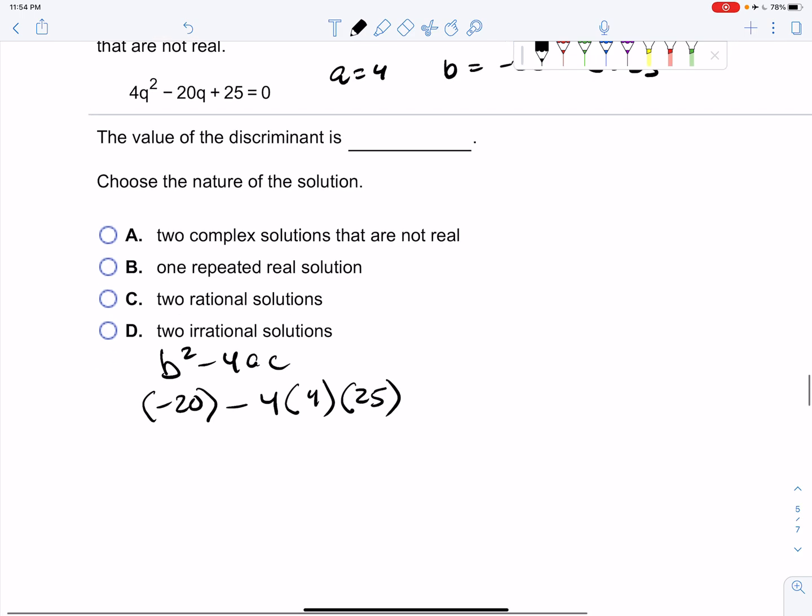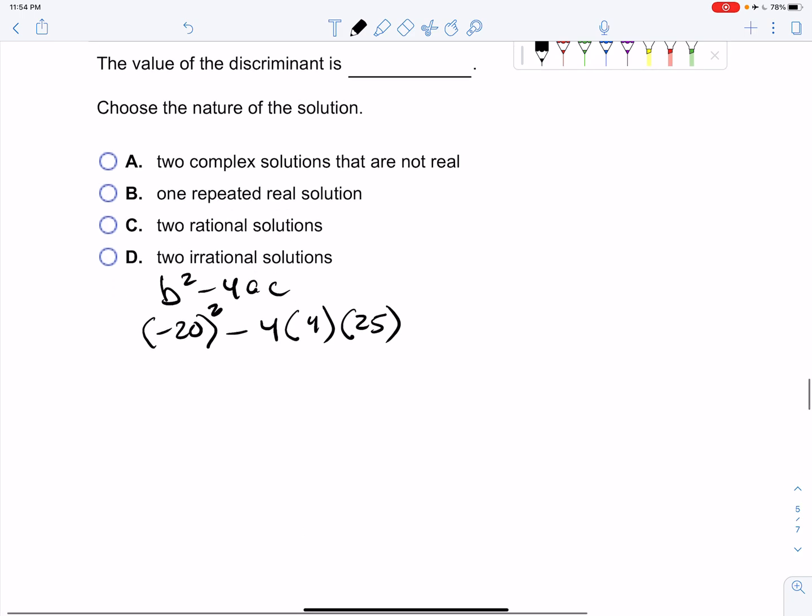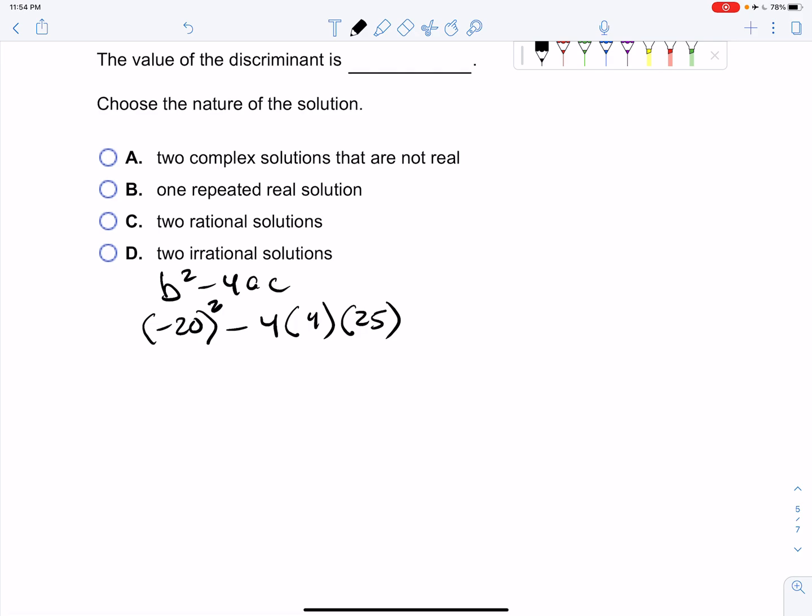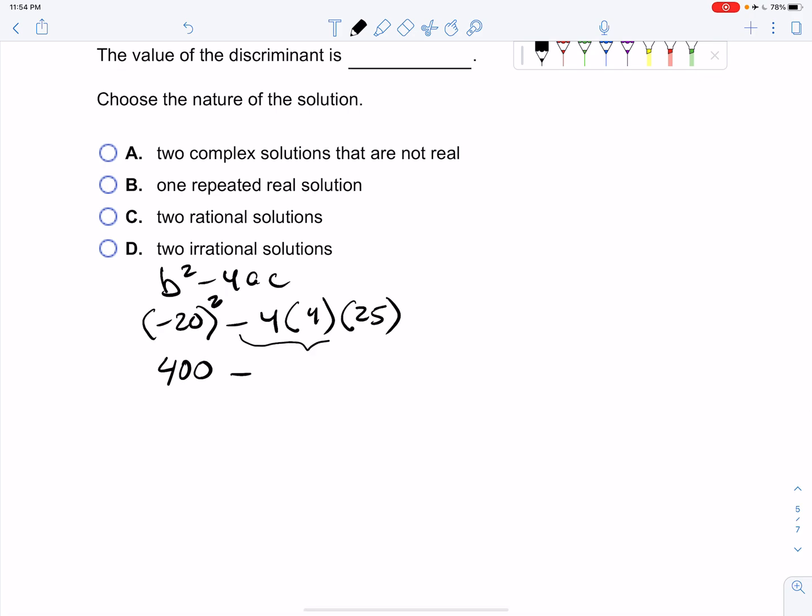Whoops, this is negative 20 squared. Well, negative 20 squared is positive 400. And when we multiply negative 4 times 4 times 25, we're actually going to get 400. Hey, look at that. 400 minus 400 is 0.